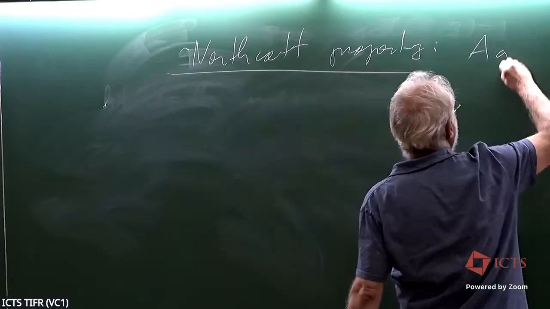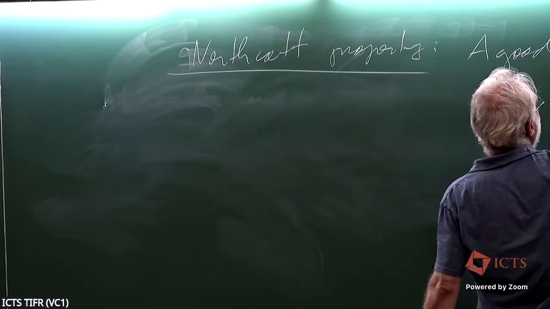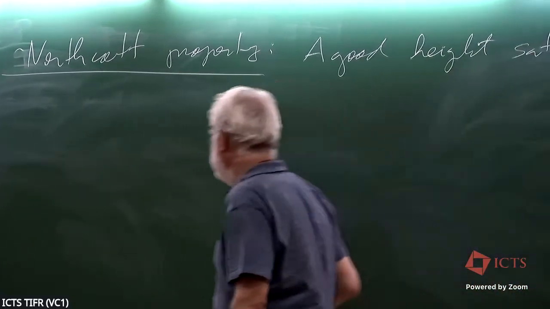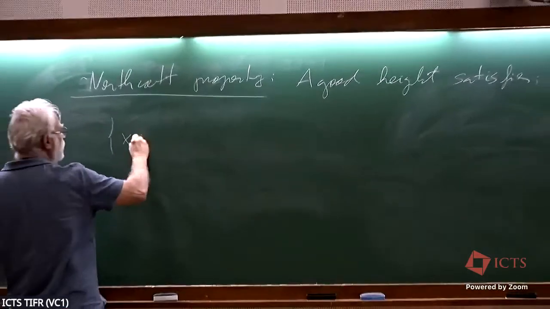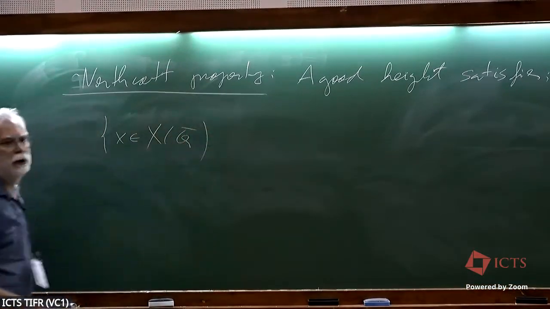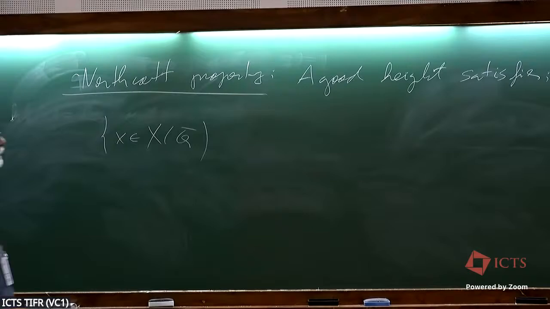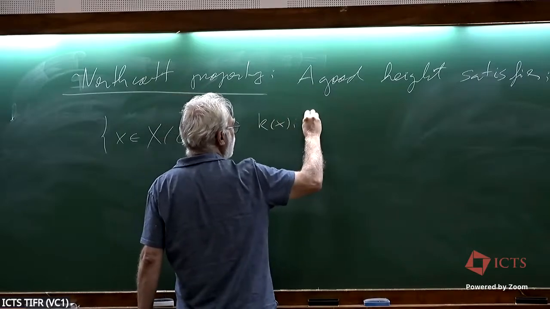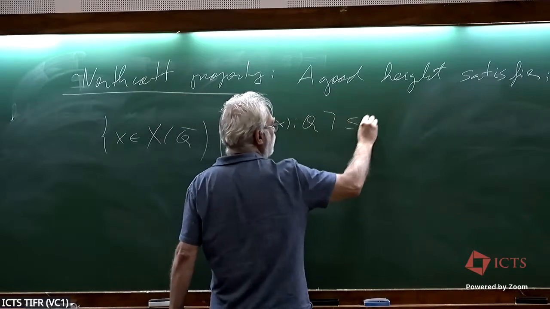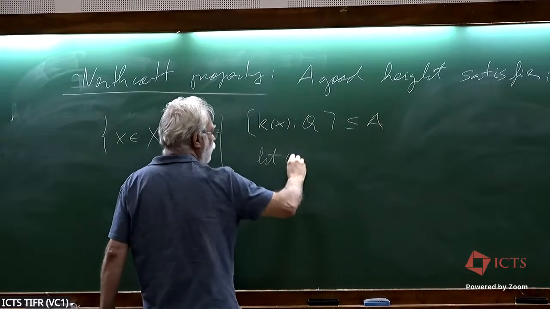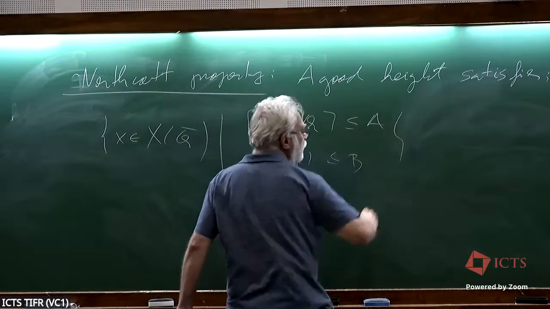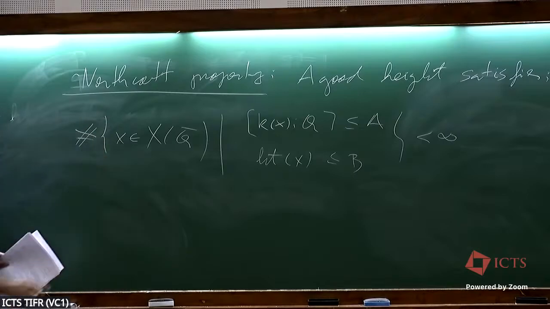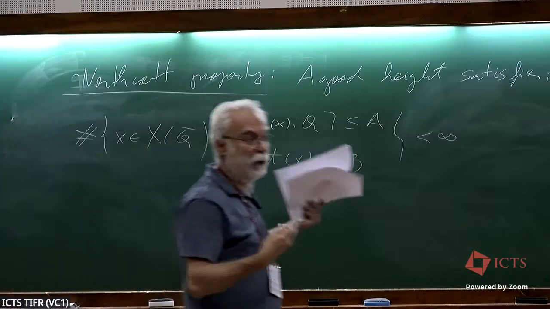So a good height satisfies that the set of all points inside X of Q bar, not just algebraic numbers, but points on any algebraic variety, such that the degree of the field of definition K of the point over Q is bounded by some A, and the height of the point is bounded by some B, is smaller than infinity, so it's a finite number of points here.